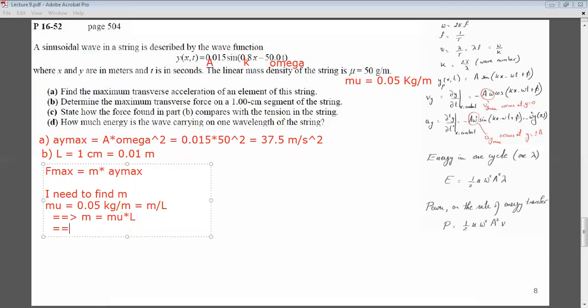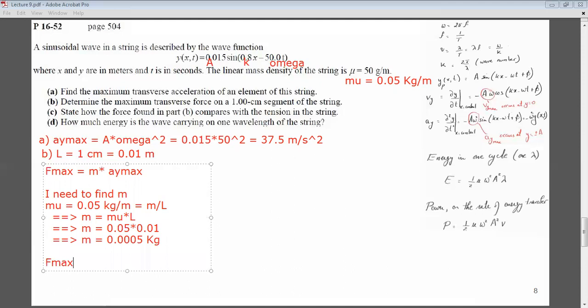M is equal to 0.05 times 0.01, which implies M is equal to 0.0005 kilogram. So I got the mass.